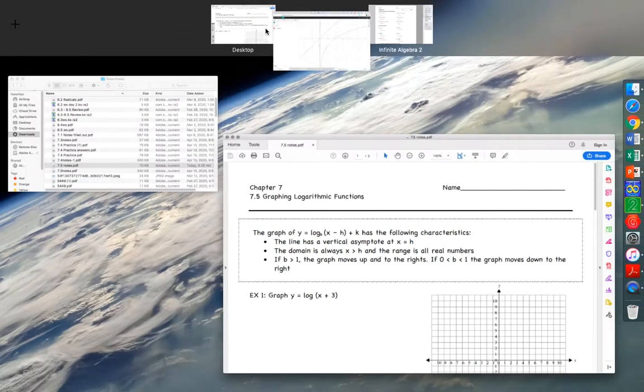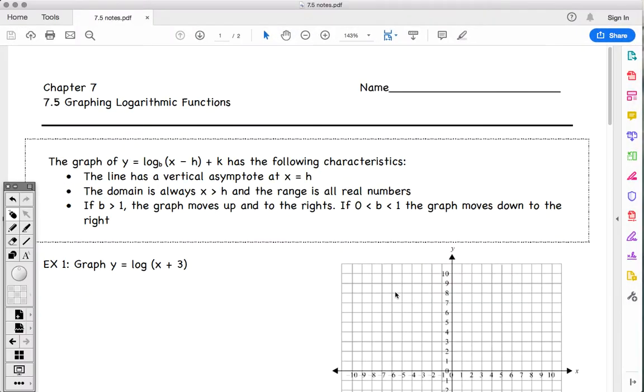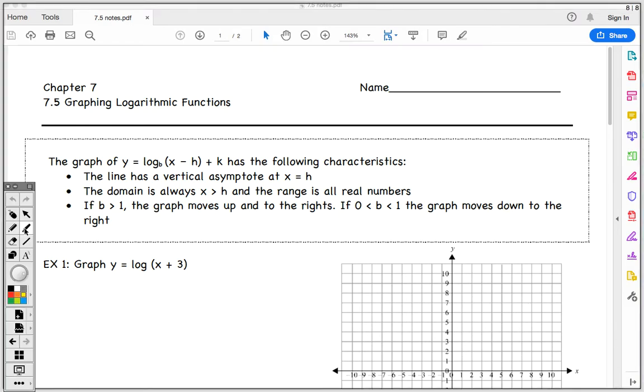Let's look at the notes page. If I were to give you this particular equation, what's nice about this format is it gives you specific information. This is the h, and remember, it's a negative h, so that tells you where the asymptote is.